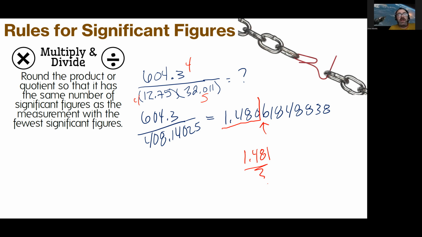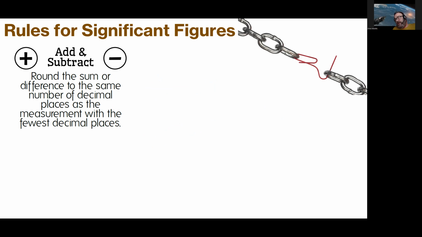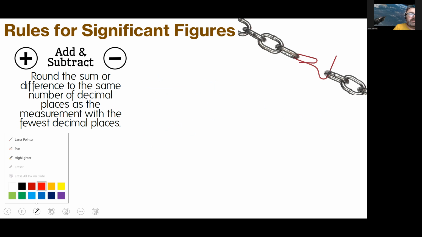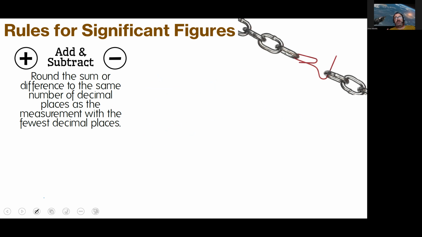Cool. Let's talk about adding and subtracting. It's the same idea: you're only as precise as your least precise measurement. The issue here is that when we add and subtract, your least precise data is the one with the fewest decimal places. Let's work this through. 0.355, we're going to add 52.9, and subtract 1.8246.